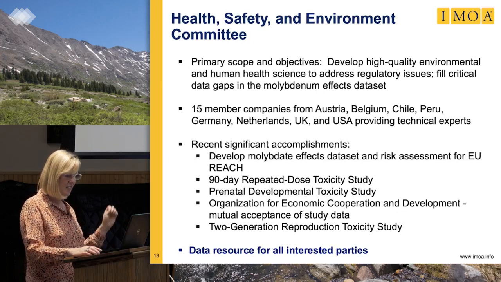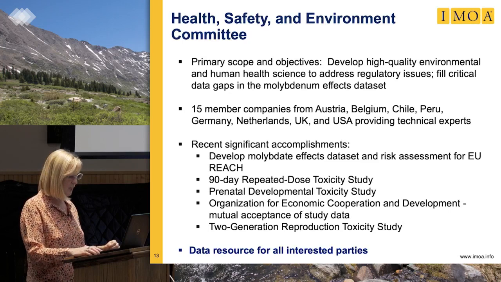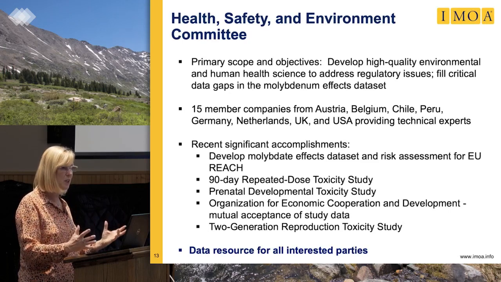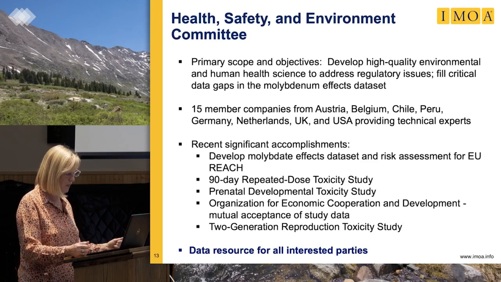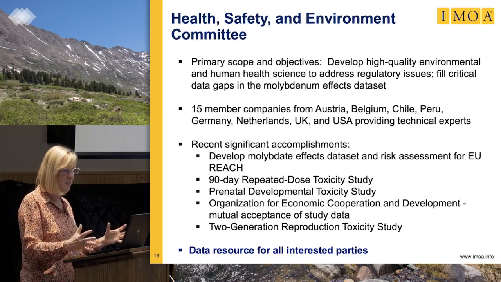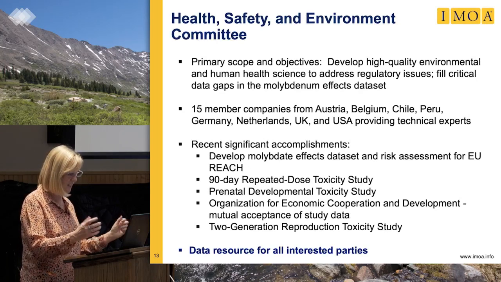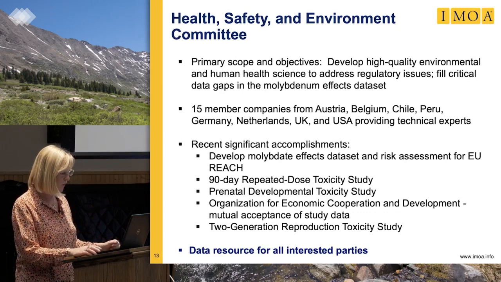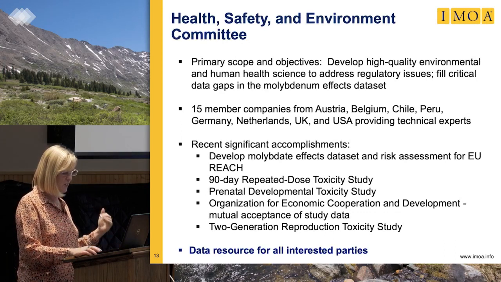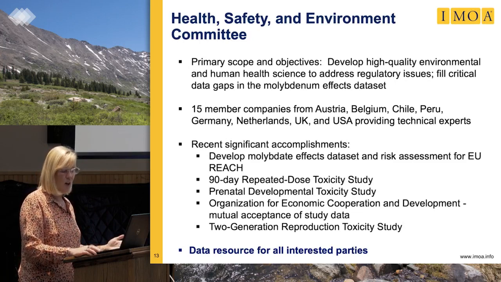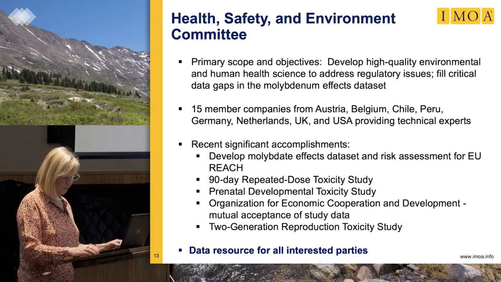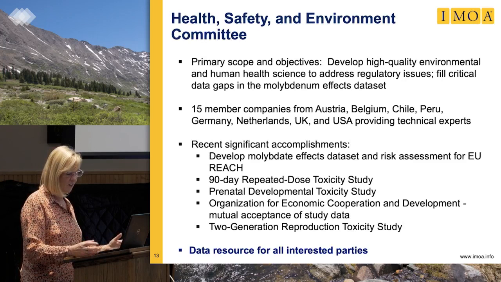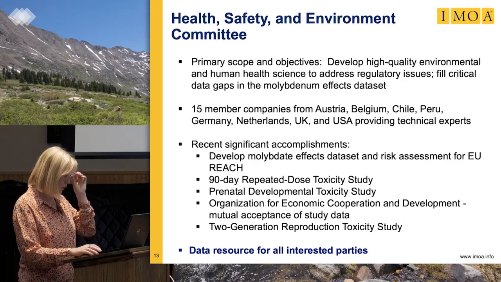And our recent significant accomplishments that I'm going to talk a little bit more about is developing this molybdate effects data set, because when molybdate is in the environment, it's not molybdenum, it's molybdate when it's in an aqueous environment. And we've done several important human health studies, and we have also taken our data to the OECD to have a quality endorsement on the standard of the data that we produced.